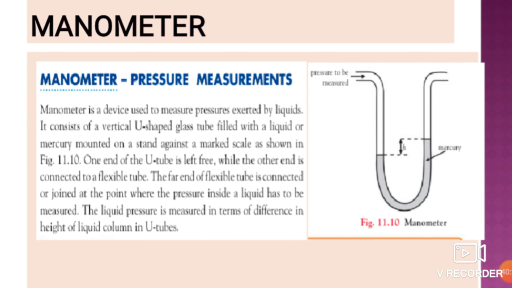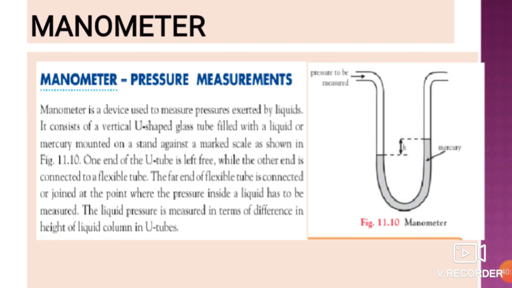Whenever the liquid exerts a pressure and we want to calculate how much pressure is exerted by the liquid, at that time the device used to measure the pressure of liquid is known as manometer.